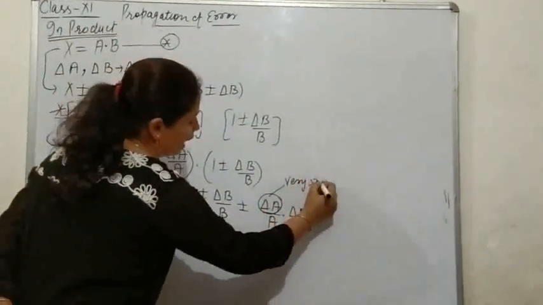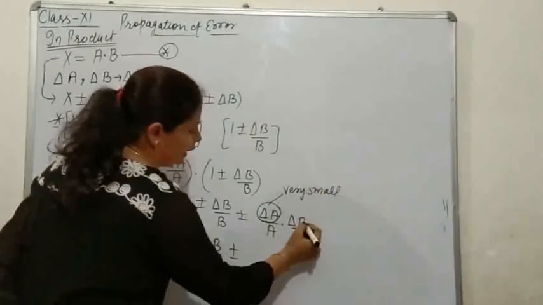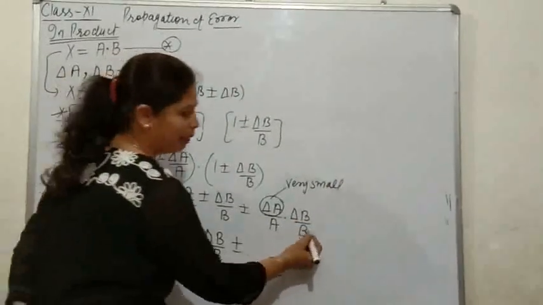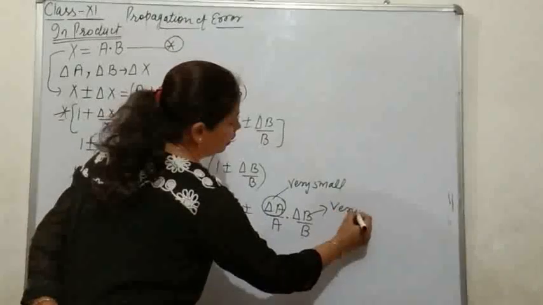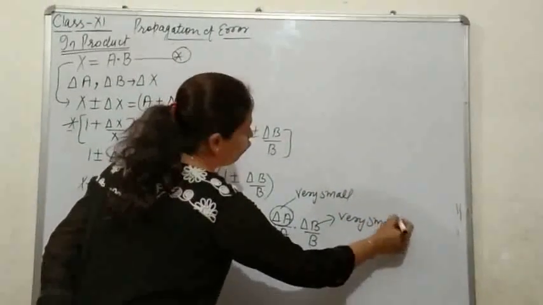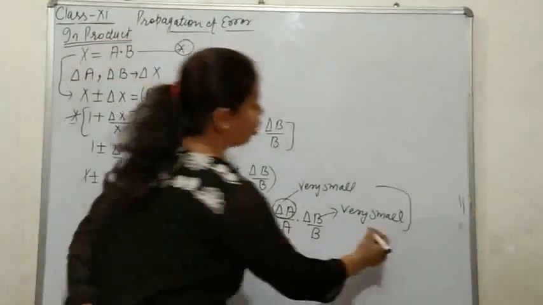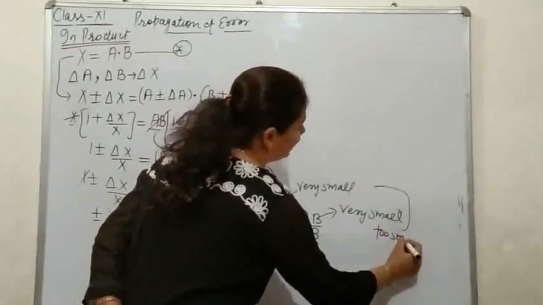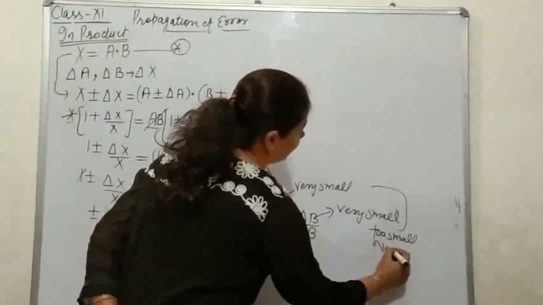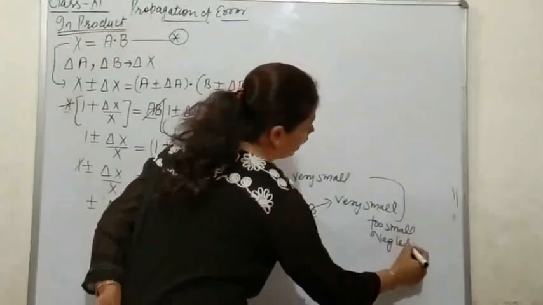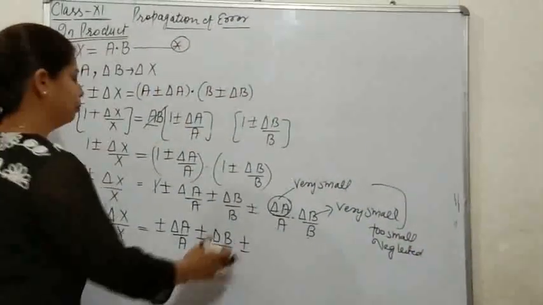Relative error is the very small part. Same, it is error in b and it is divided by b, so it will be the relative error in b, so it will be very small. When you multiply any two small terms, the result will become too small, then it can be neglected. So being negligible, I am ignoring this in the next step.